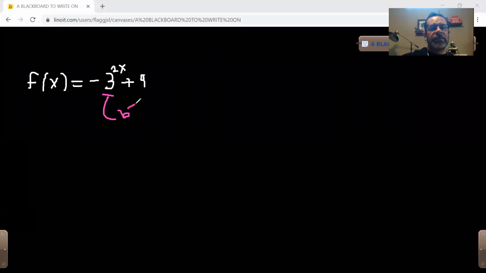In this case, the base is equal to 3. And we're being asked about the intercepts, so let's try to find the y-intercept first.